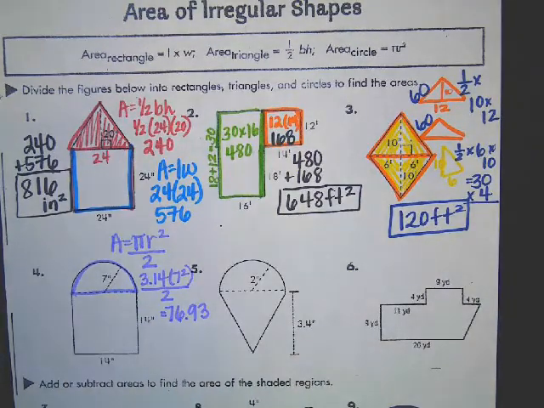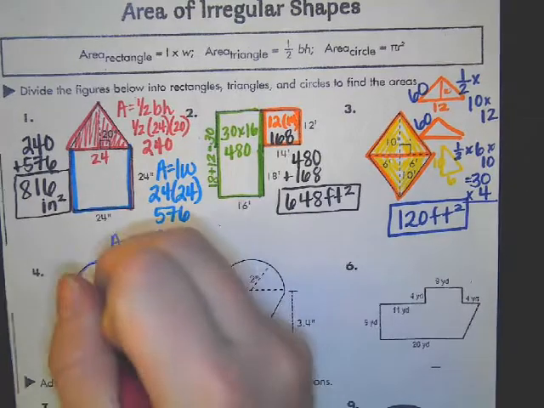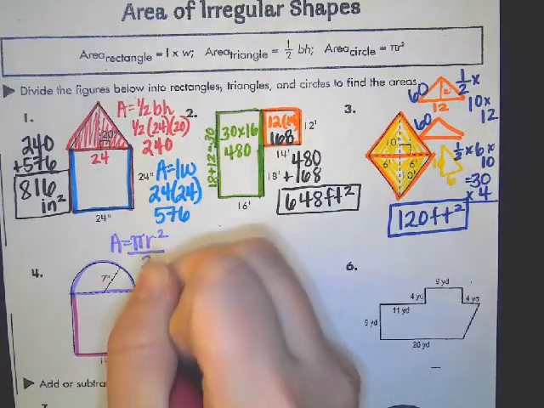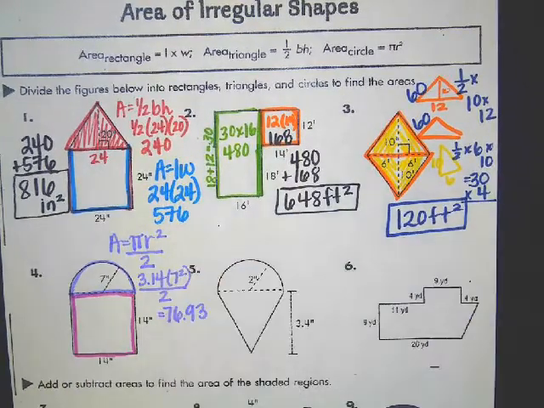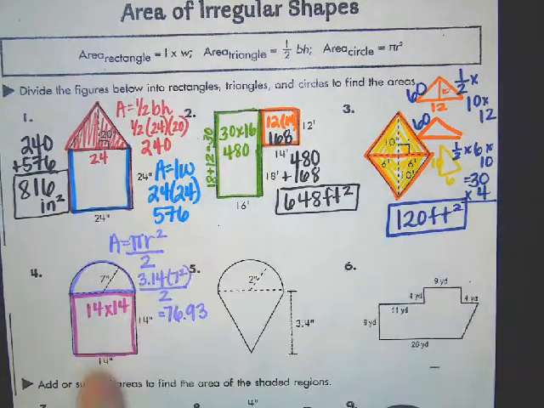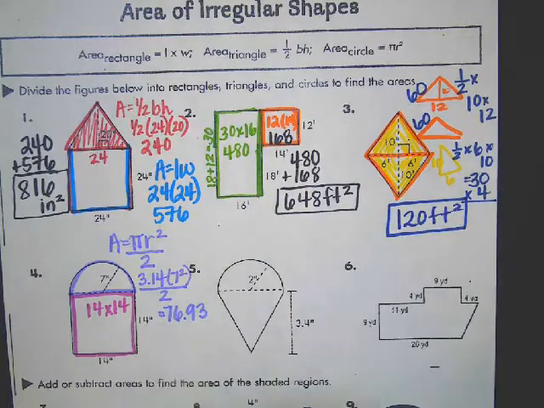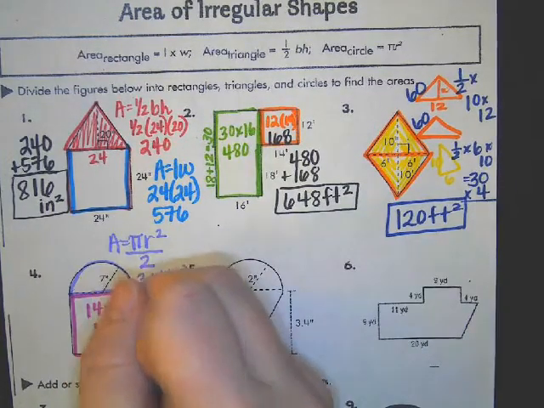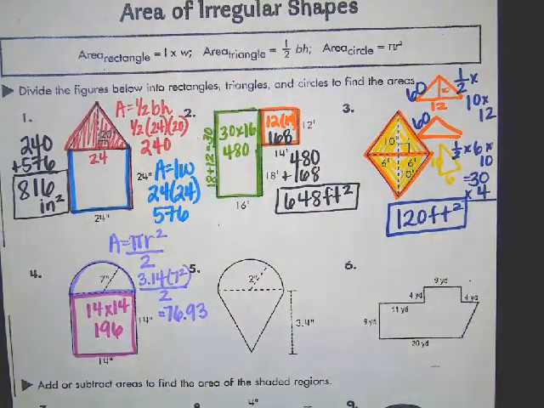Now, that half circle is sitting on top of a square. In order to find the area of a square, I'm going to say 14 times 14 with the side values, which gives me a total of 196. Remember, we want to add these two figures because they are together.